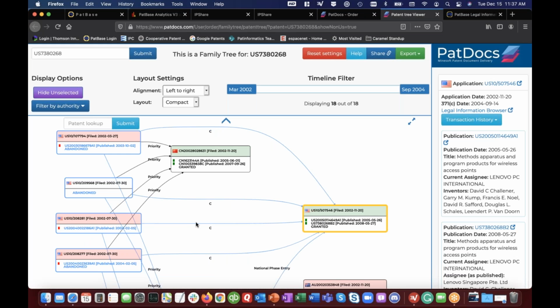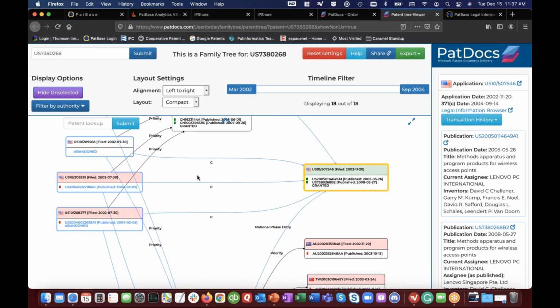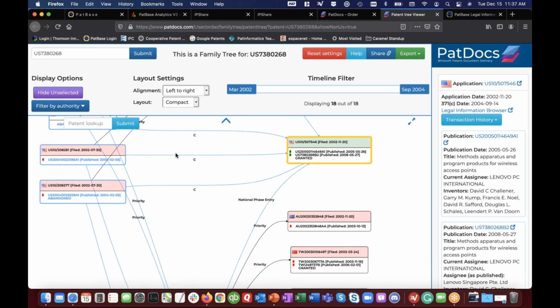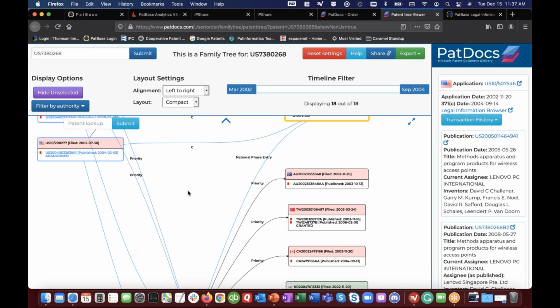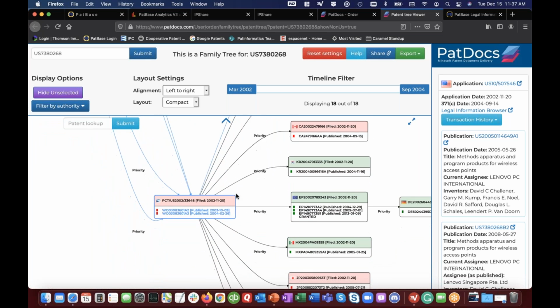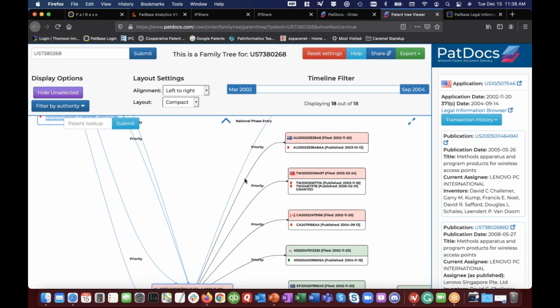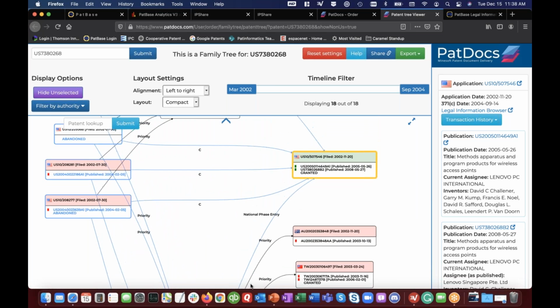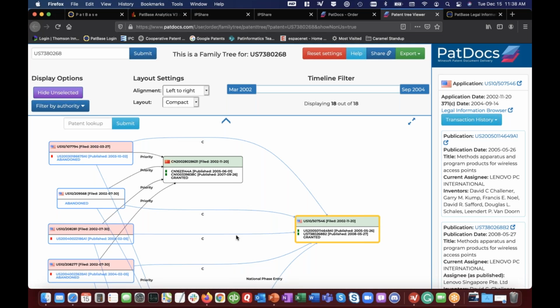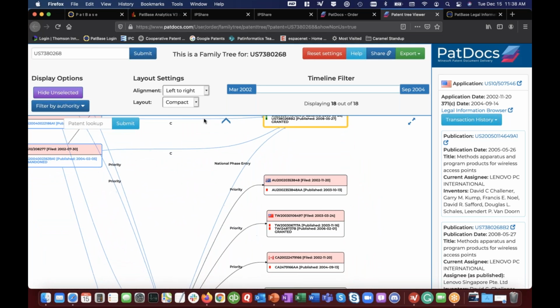It's got a fair number of members in it, a variety of different provisionals that were filed in a variety of different countries, a couple of different US ones, and a WO that's splintering off into a variety of other ones. I can see the national stage entries, and I can see all of the different information about each one of these here in one really nice picture.